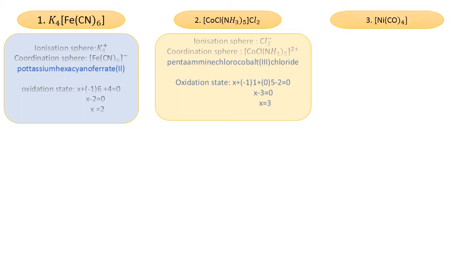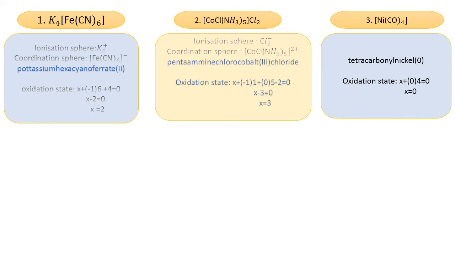In the next example, there is no ionization sphere. This is neutral. Hence, tetracarbonyl nickel 0. Why 0?